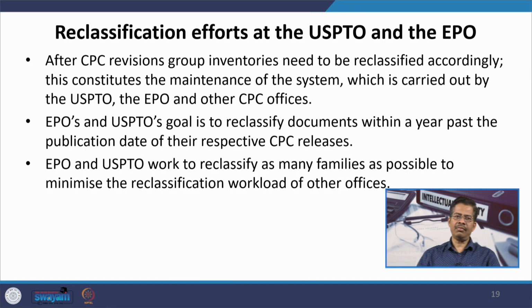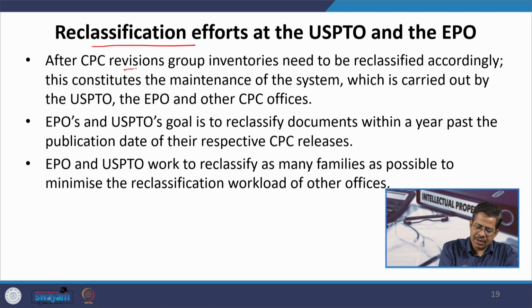So, CPC and IPC are the two classification systems, and now at the USPTO and European Patent Office level there is an effort going on to reclassify some of the IP assets, because the classification done by IPC, and maybe even by CPC, may not be the correct reflection of that particular IP.